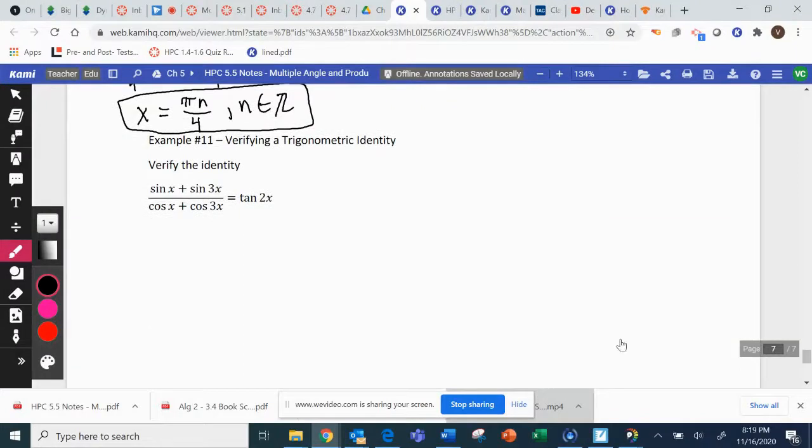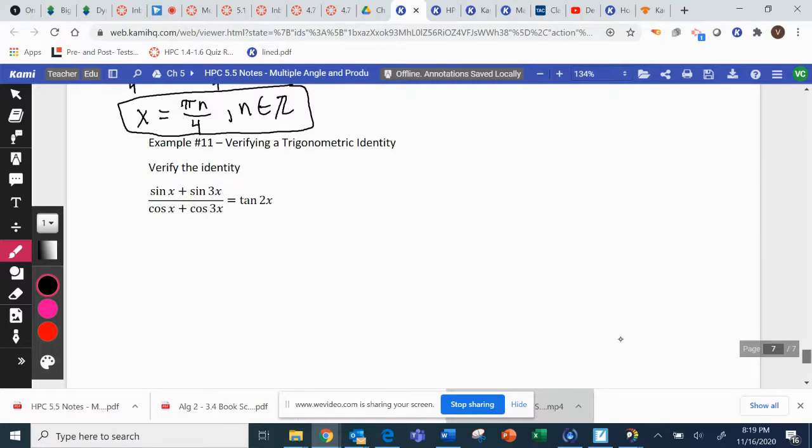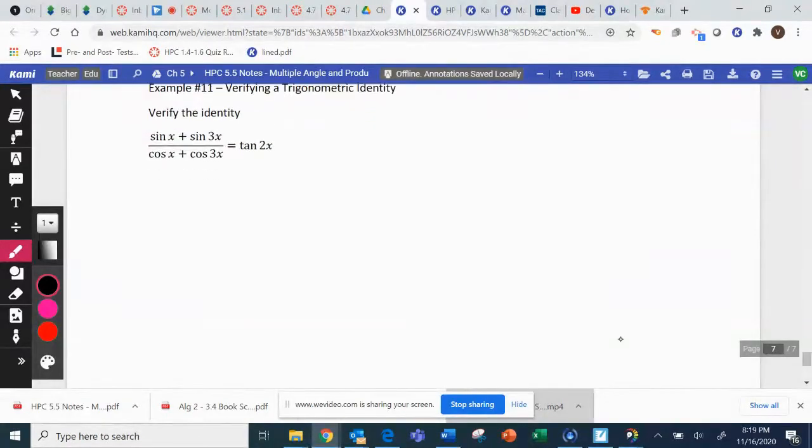All right, the very last example that we have is verifying a trigonometric identity. We've got to verify this identity, which we can do using the sum to product formulas that we were just looking at. The sine x plus sine 3x would be like the very first formula. Oh, by the way, I'm going to make it say equals tangent 2x. So I'm going to change the left side.